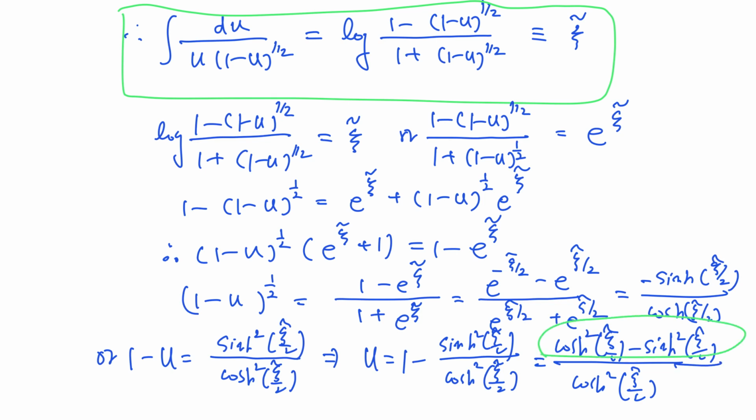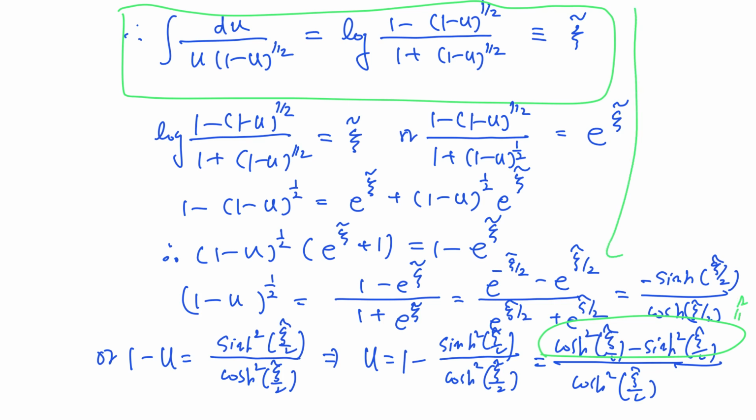What is cosine hyperbolic square minus sine hyperbolic square? Equal to 1. This is equal to 1.